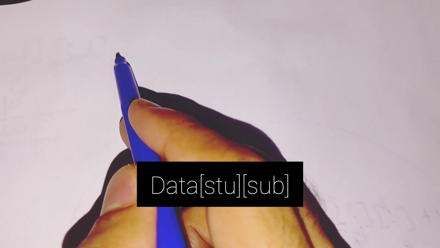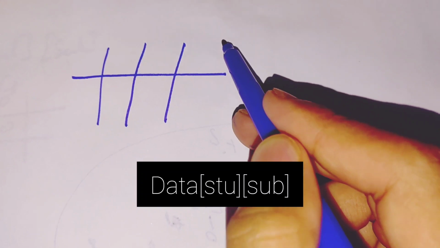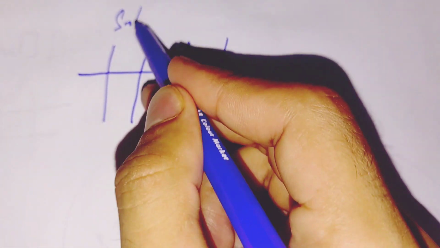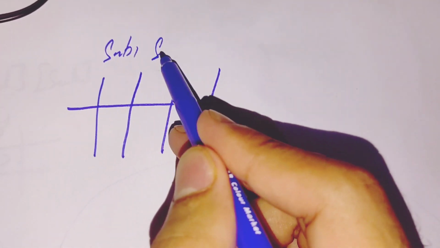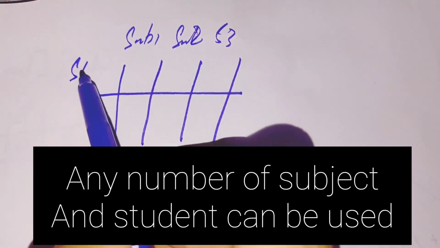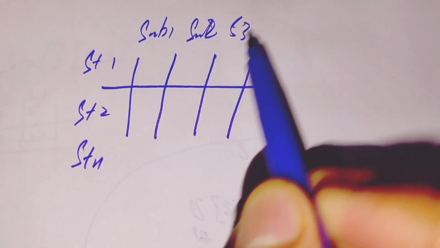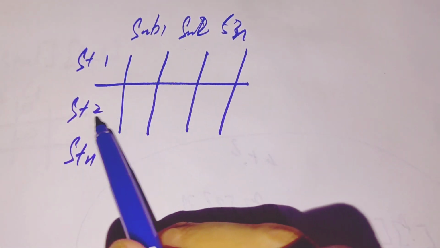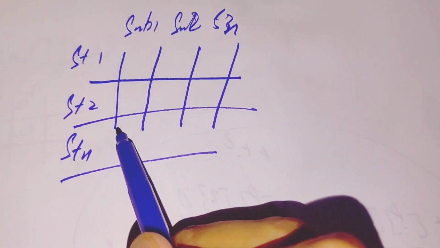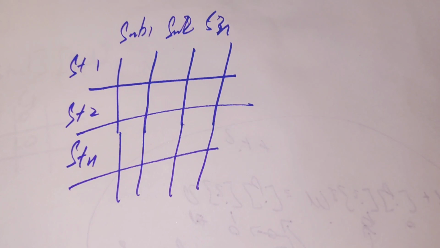So let's say the columns represent each subject. So we will say subject 1, subject 2, S3, and we will say student 1, student 2, and student n, n number of students and n number of subjects. So we will keep it short in order to understand the logic very well.